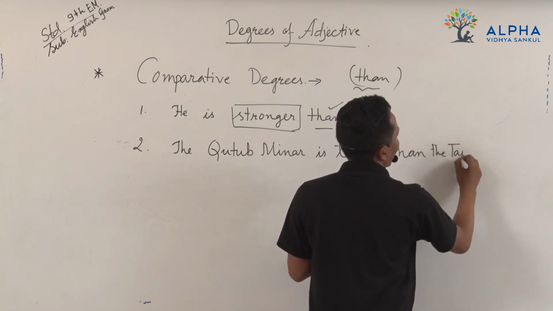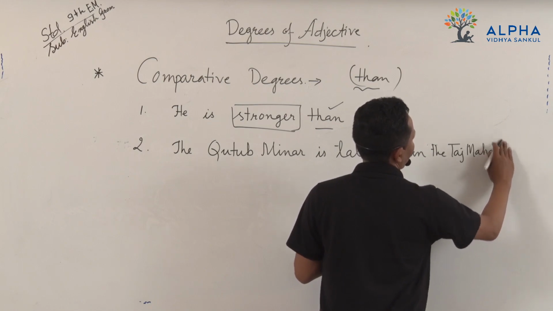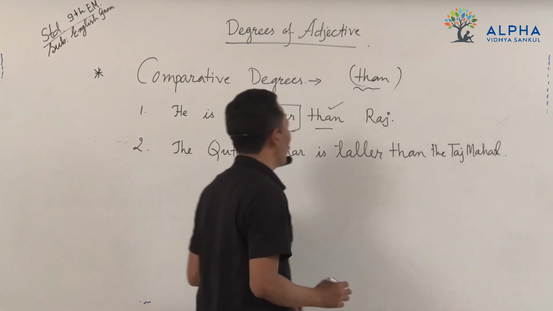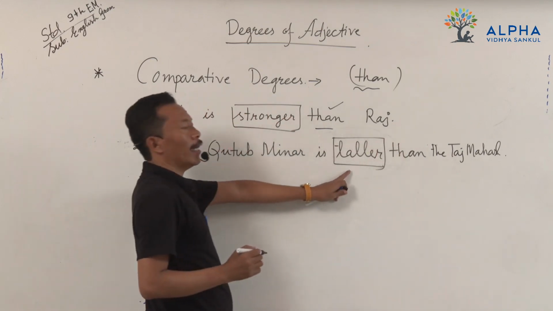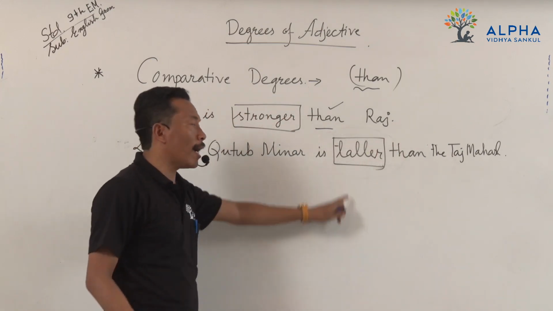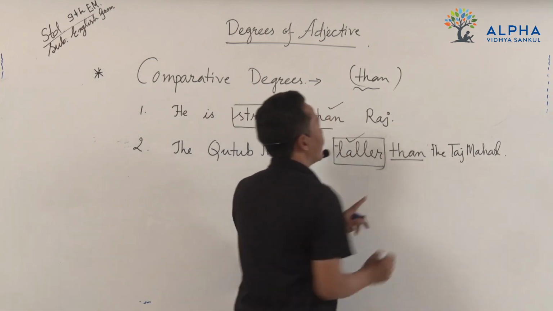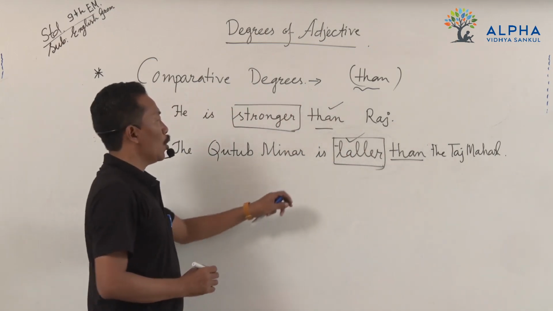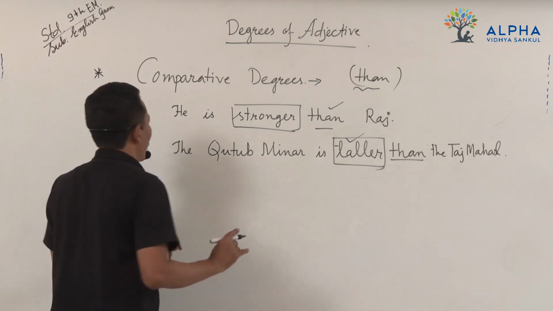Here also taller is the comparative degree, and just after it we have the word than. So this is a very important thing you have to know.